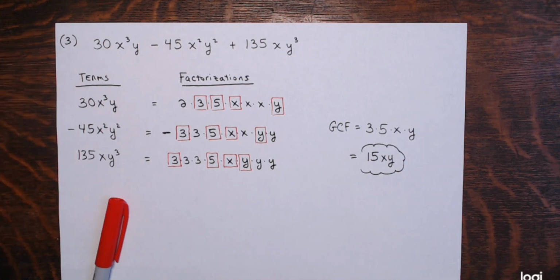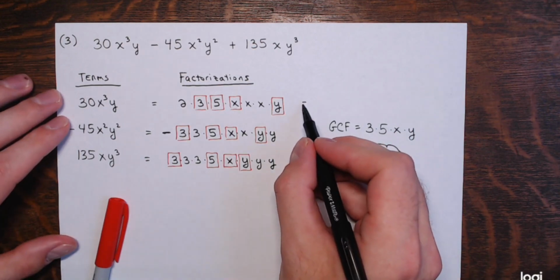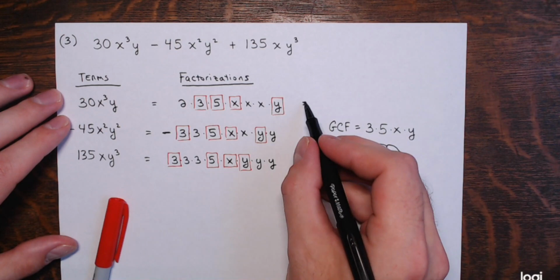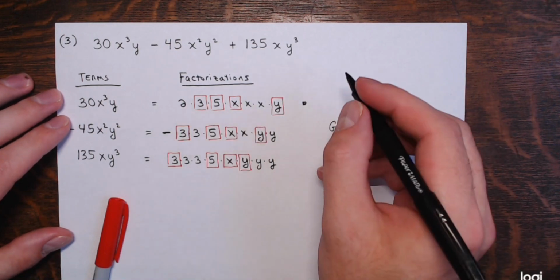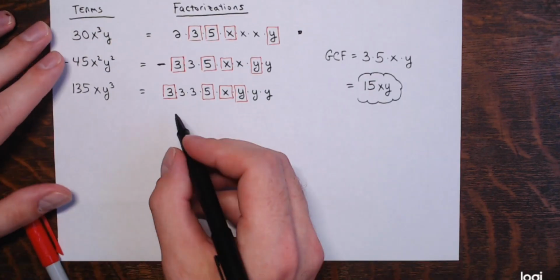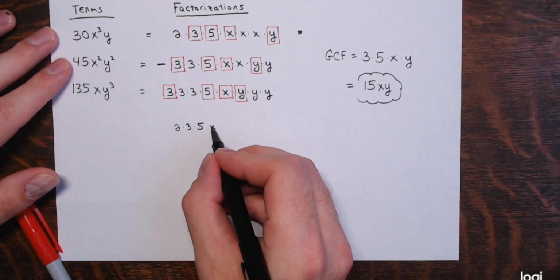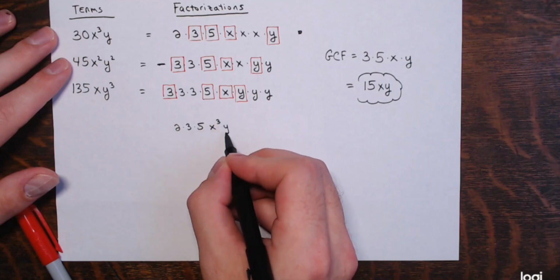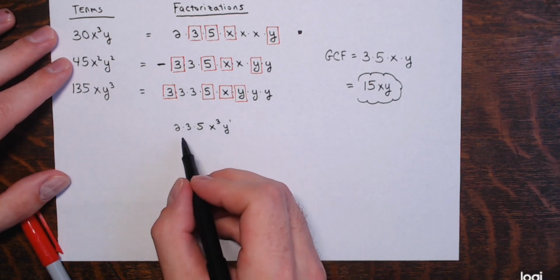Now, a little shortcut for you. All right, just a little shortcut for you. If I was to write these out with powers, we have 2 times 3 times 5 times x cubed times y to the first, right, if you want to put the power on that. That was for the first term.